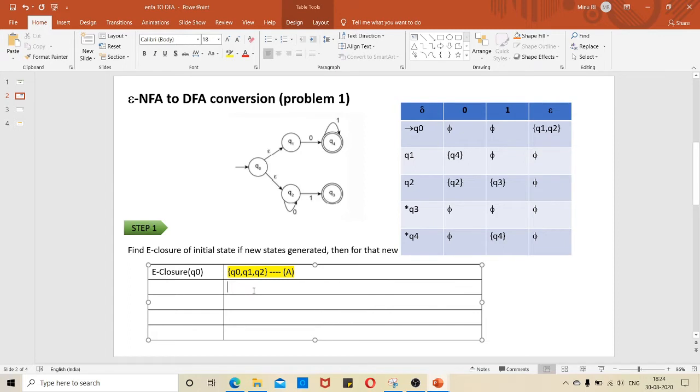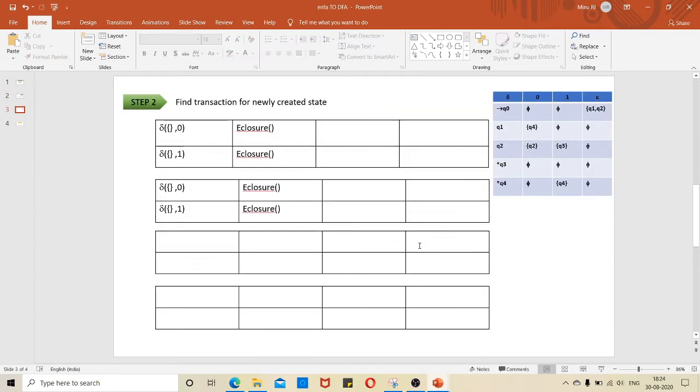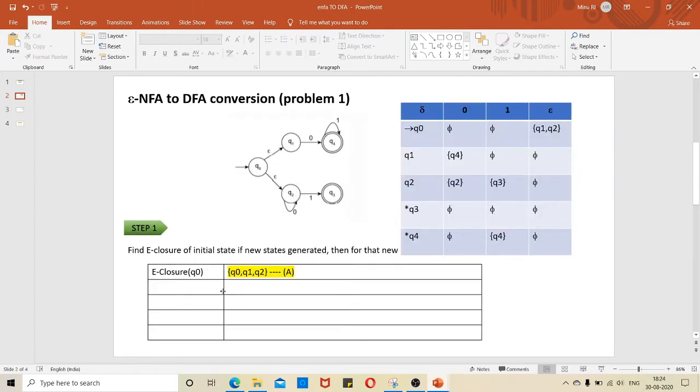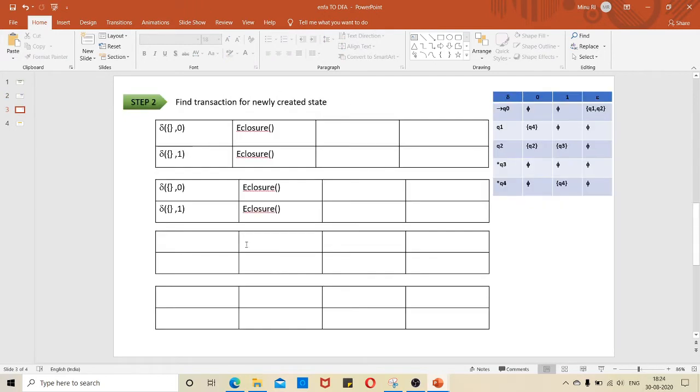Now, instead of finding the epsilon closure for all the states, we will go with the new state. That will be easier. For this new state, we will see what happens if the input 0 and 1 comes. Our new state is Q0, Q1, Q2.